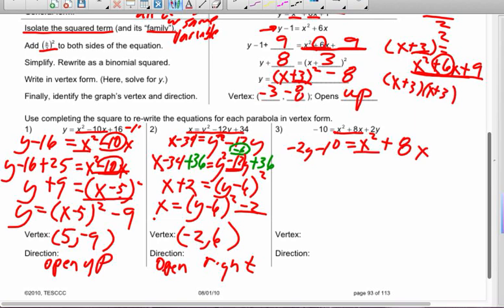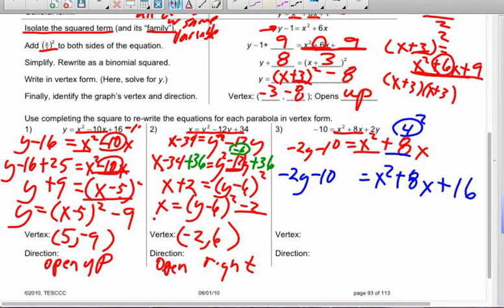Again, I've got a 1 in front of there, so I'm going to take half of this term in order to complete the square, which is a 4. So I'm going to have a negative 2y minus 10. I'm going to have an x squared plus 8x, and then half of that, and then you square it, so it's going to give me 16.